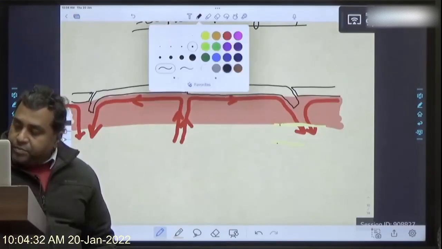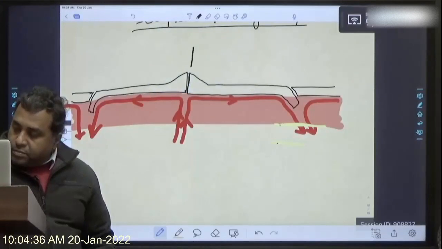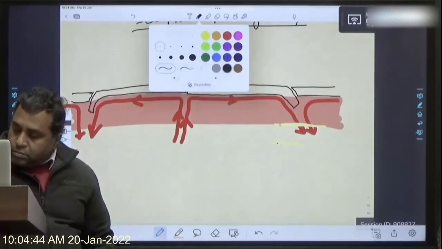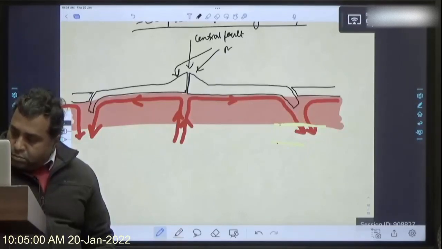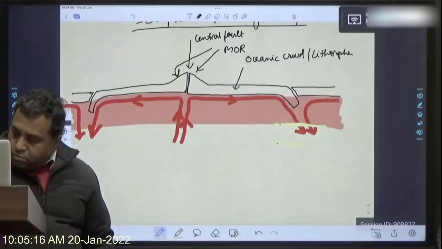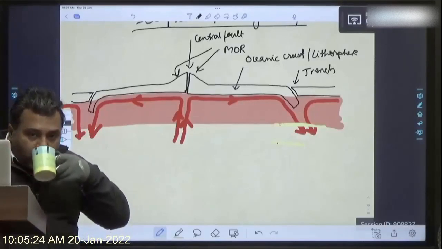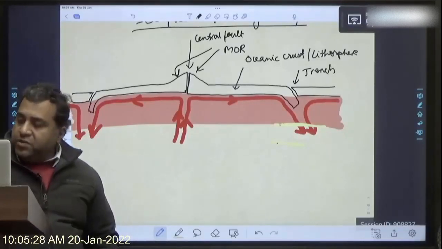I'll name or label the parts of this diagram. Hopefully all of you can see this and keep drawing.